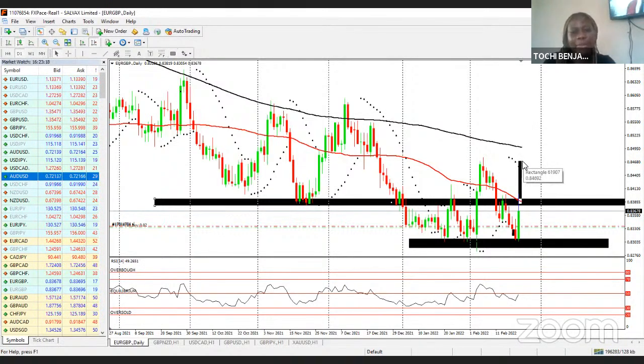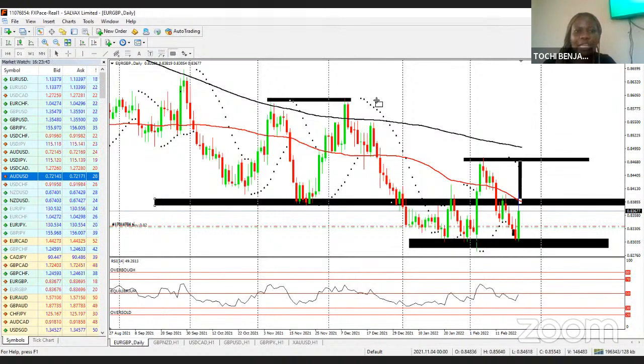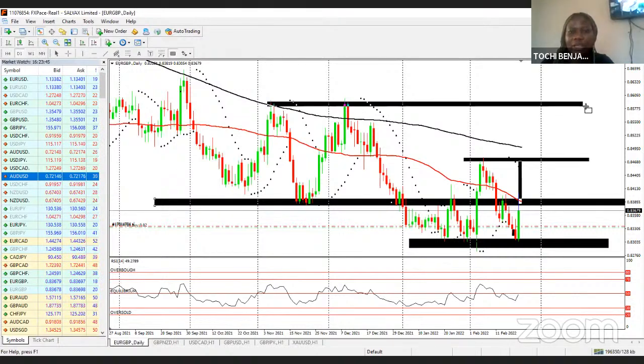Then I can start to take my profit. Why? Because this has already been identified as an initial resistance, because I had a significant turn at this level. That means if price comes back to this level, there's every possibility that it will also give me some rejection before it will head to this other place. Before it will head to another resistance I'm seeing here, it will have to break this one first.